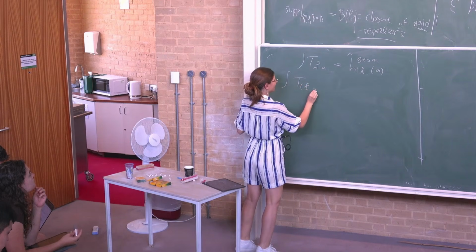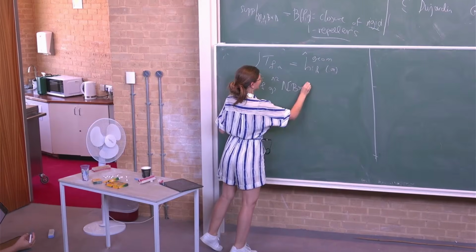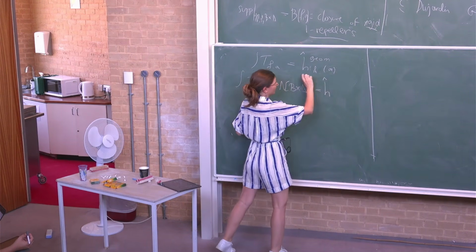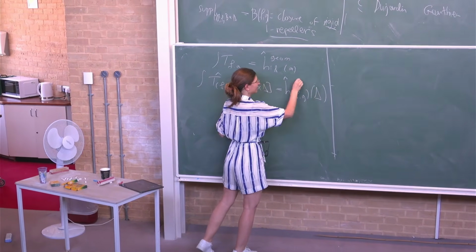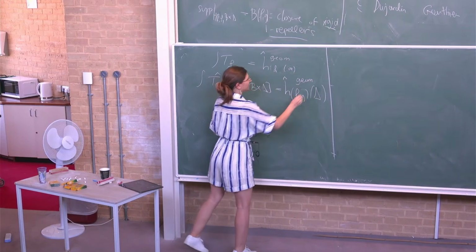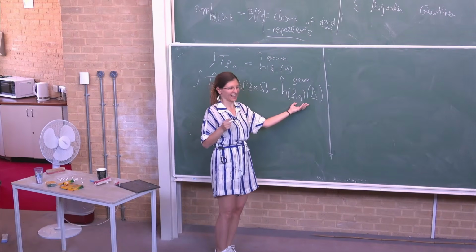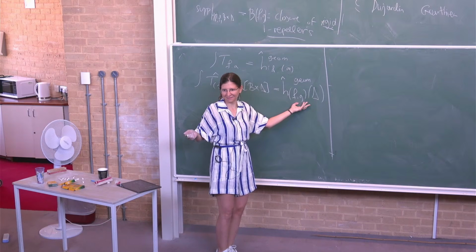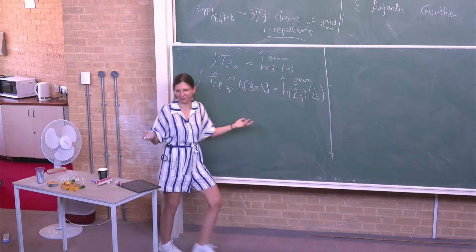So T_F×G squared on B cross delta, its total mass is also the canonical height of the diagonal, which I defined only in the case of Q bar, but you can do exactly the same, now replacing the classical Weil height with the Weil height we defined over function fields.